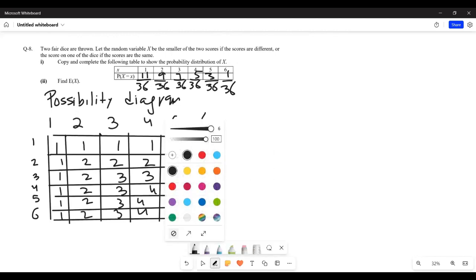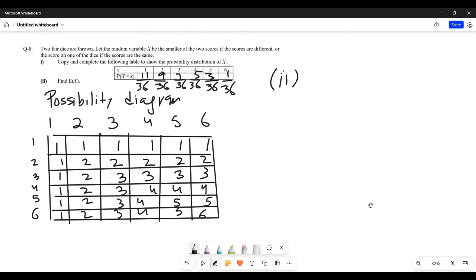Part 2. Find the expected value. So the formula for expected value in a probability distribution is the summation of x times the probability.